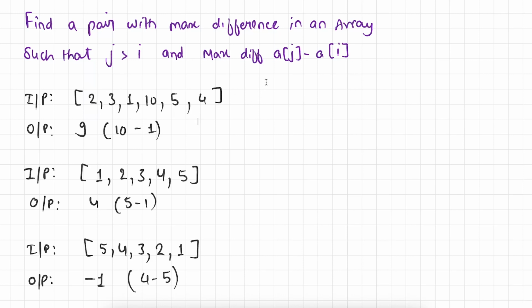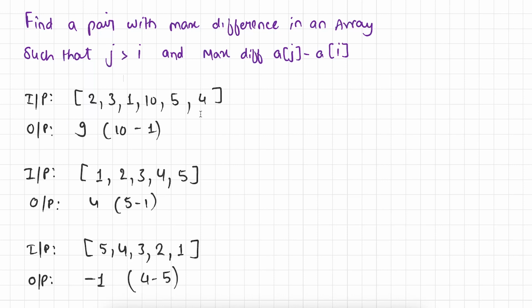Because we have to calculate the difference always using the expression a of j minus a of i, which means we have to subtract the first element from the second element. So 3 minus 2 is 1, 1 minus 3 is minus 2, 10 minus 1 is 9, 5 minus 10 is minus 5, 4 minus 5 is minus 1.